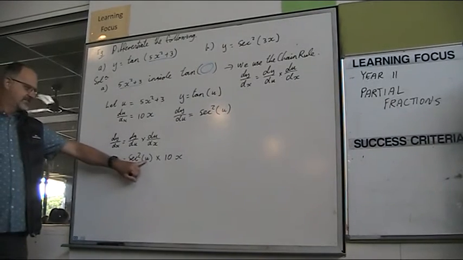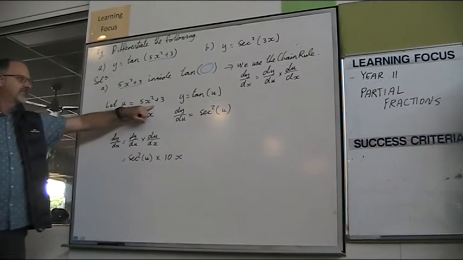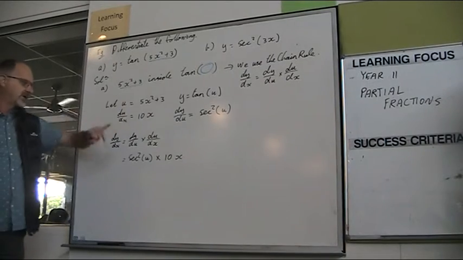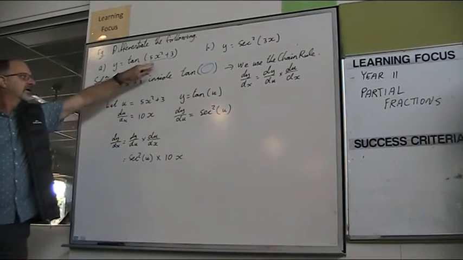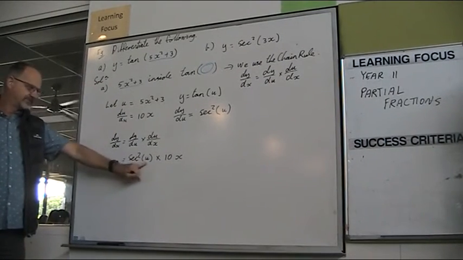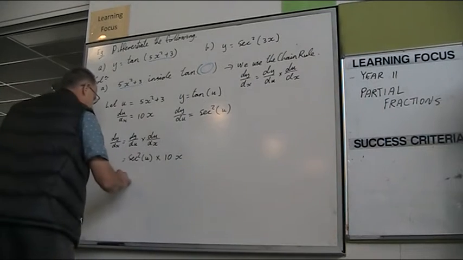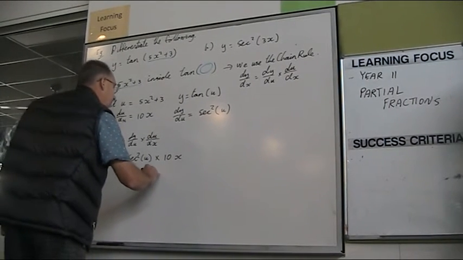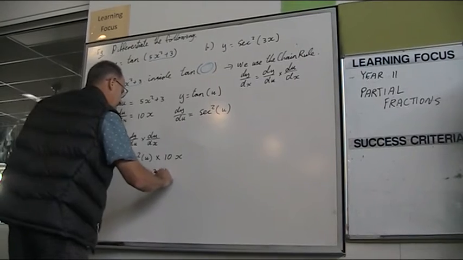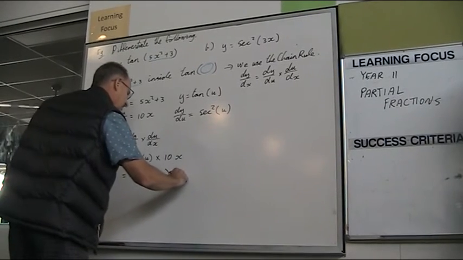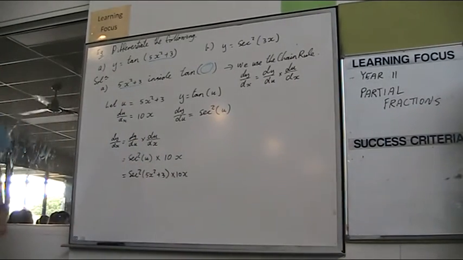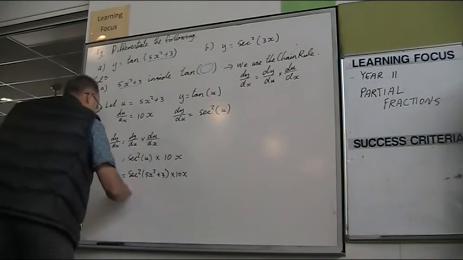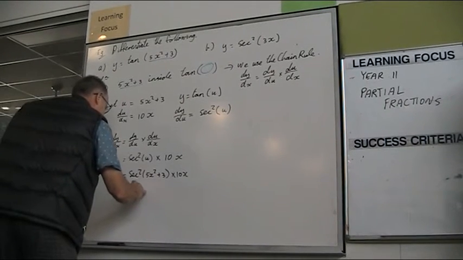Alright, so now because I let u equal 5x squared plus 3, for the final answer I need to have it in terms of x. So that's what we started with, so it's sec squared of 5x squared plus 3 times 10x, and probably we'll see the 10x at the front.